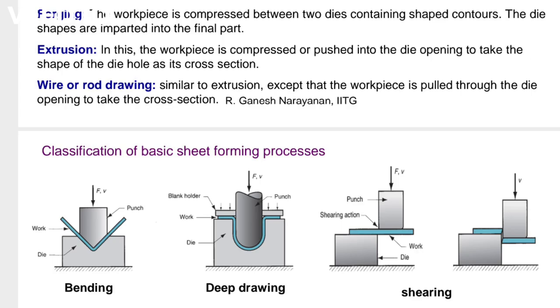Wire or rod drawing is similar to extrusion, except that the workpiece is pulled through the die opening to take the cross section.